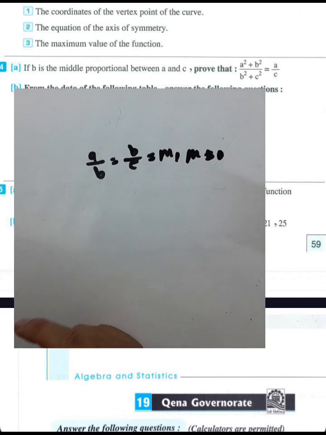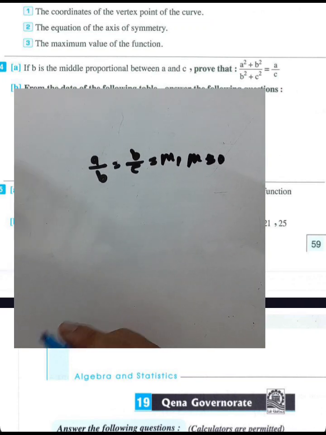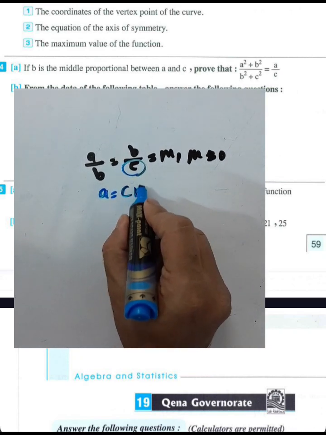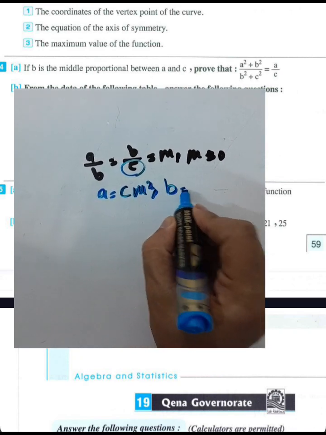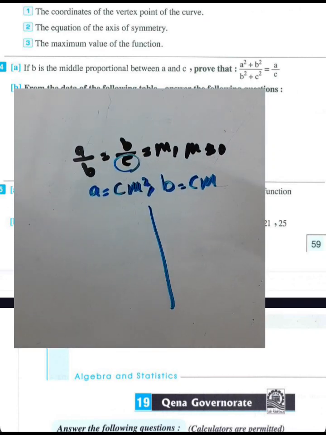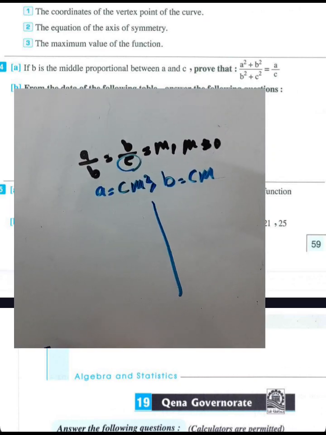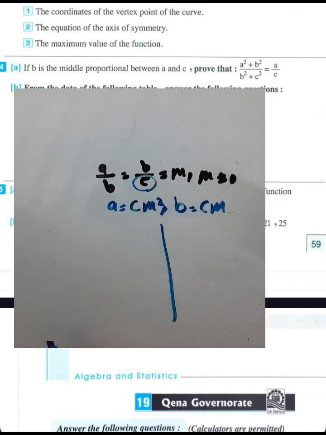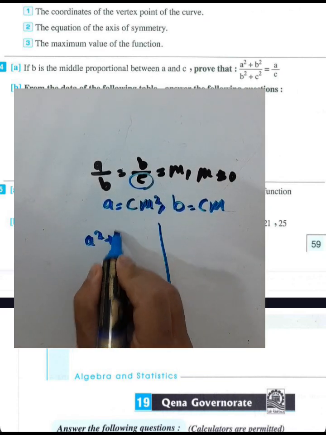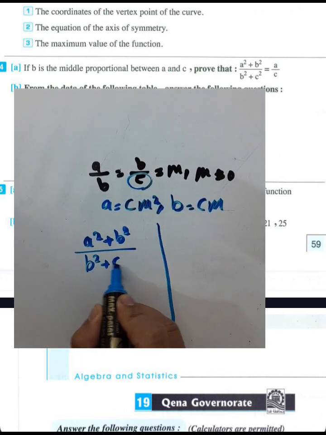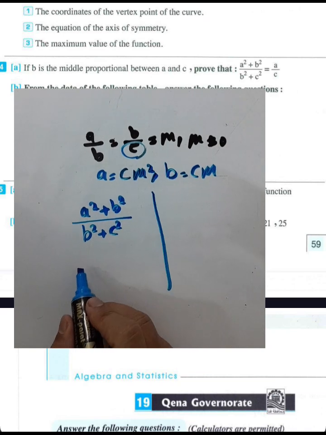And then you can write A equals Cm squared, and B equals Cm. And then you can write (A squared plus B squared) over (B squared plus C squared).